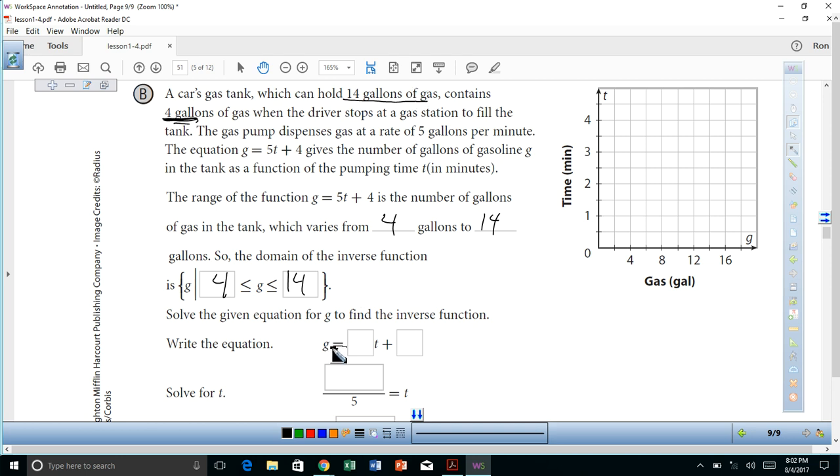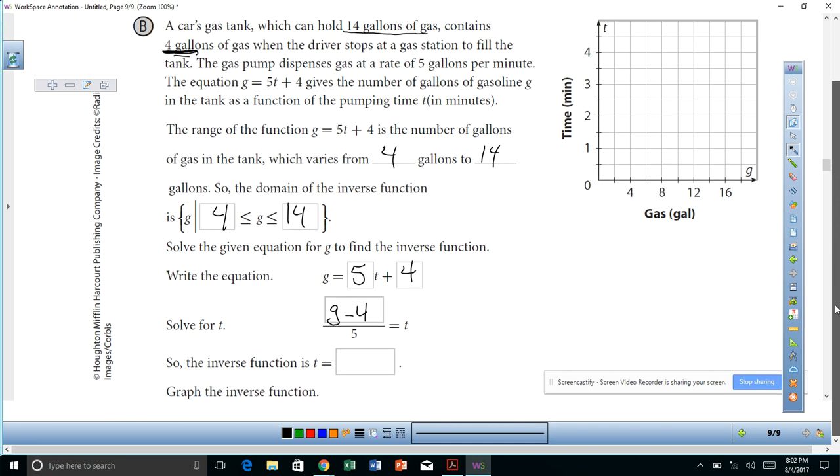So we've got G equals 5T plus 4. Solve for T. So we're going to subtract 4 from both sides and then divide by 5. So we'll have G minus 4 divided by 5 equals T. So the inverse function is T equals G minus 4 over 5.